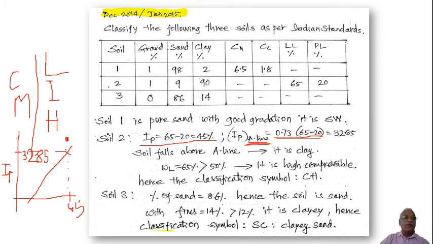Now for classification, here there is a 50, so the liquid limit beyond 50 has a vertical line over here. I missed that vertical line.